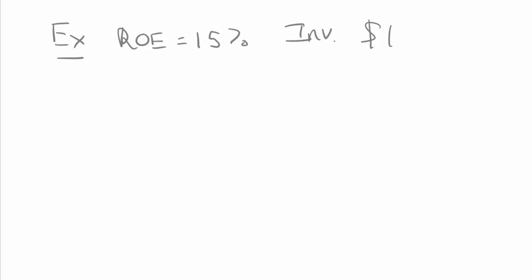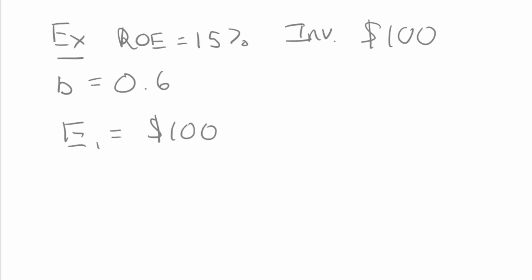Let's do an example. Let's say ROE is 15%. We invest $100, that's equity at time 1. My plowback is 60%, 0.6. So my earnings at time 1, well, I put my $100 into my machine, which operates at an ROE of 15%. So my earnings, by definition, at time 1 are $15. What are my retained earnings?